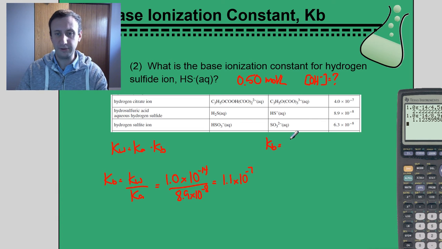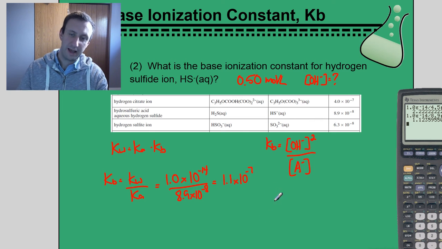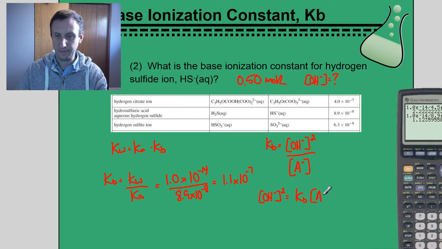So Kb is equal to hydroxide concentration squared divided by my base concentration, A minus. So hydroxide squared is equal to Kb multiplied by my base concentration, A minus. That means hydroxide concentration is equal to the square root of Kb multiplied by A minus.